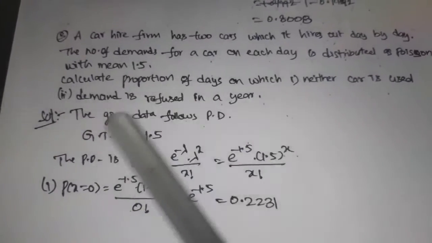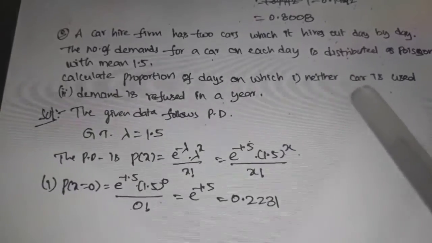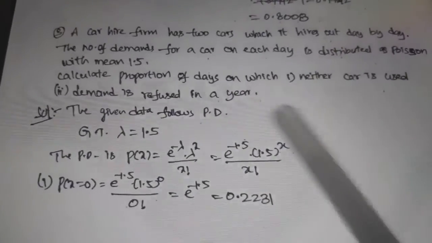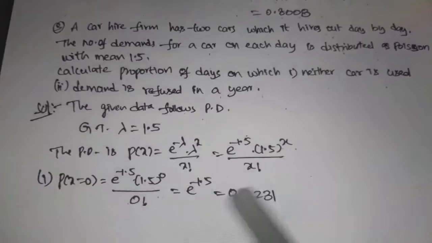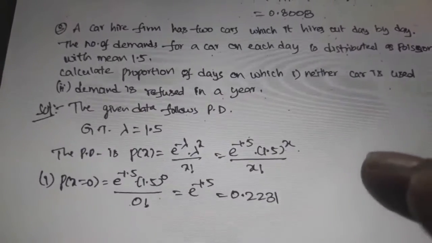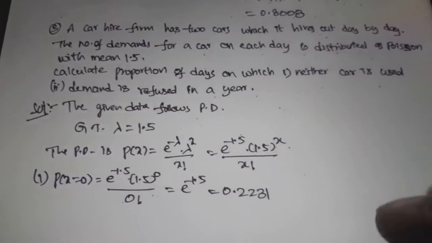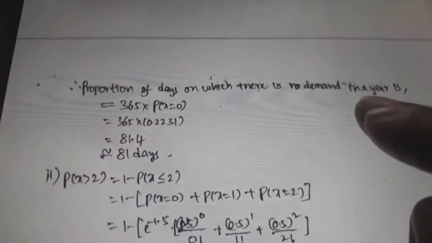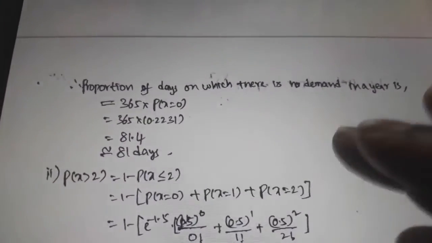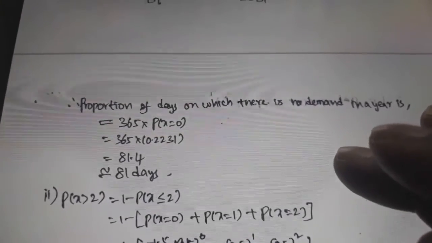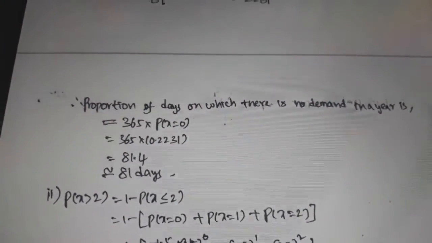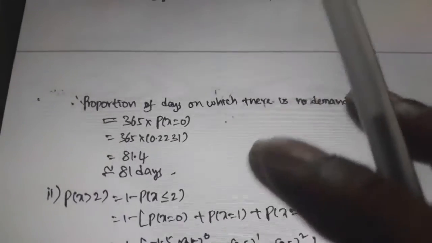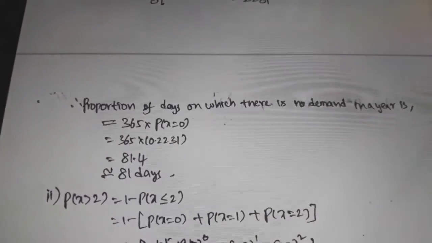Neither car is used means no demand. That's why P of x equal to 0. Then demand is refused in a year means more demand. Since 2 cars are there, 2 are not available, so P of x greater than 2. Proportion of days on which there is no demand in a year, so multiply by 365: 81 days with no demand.